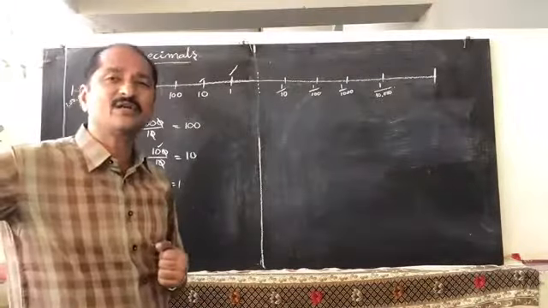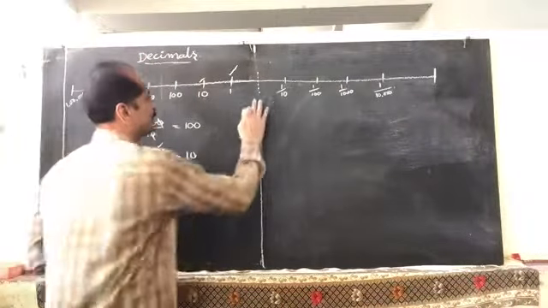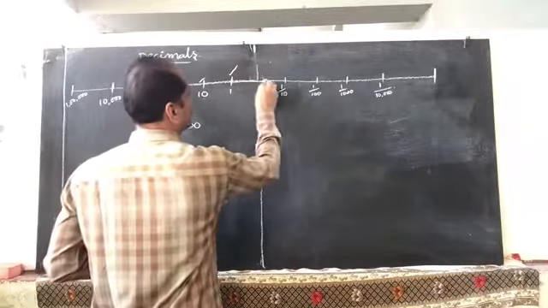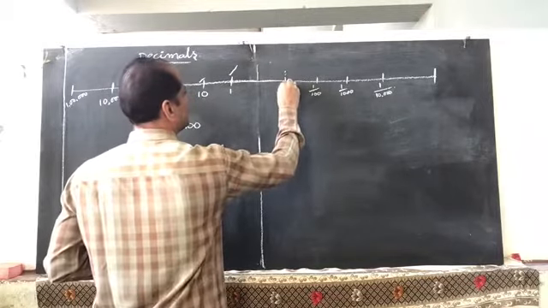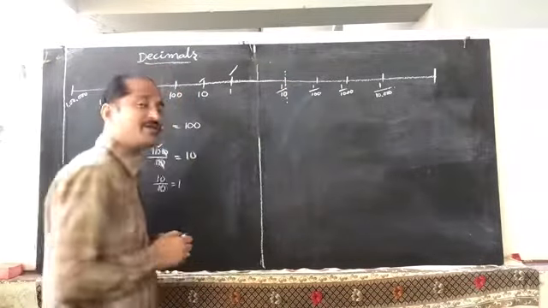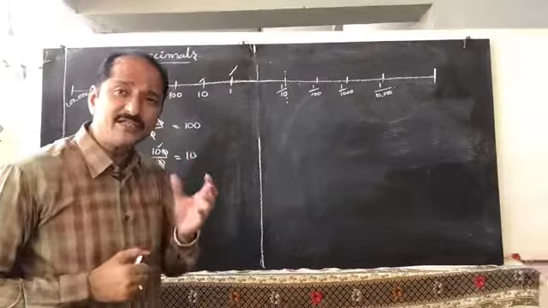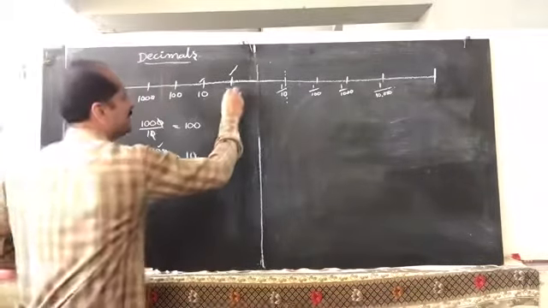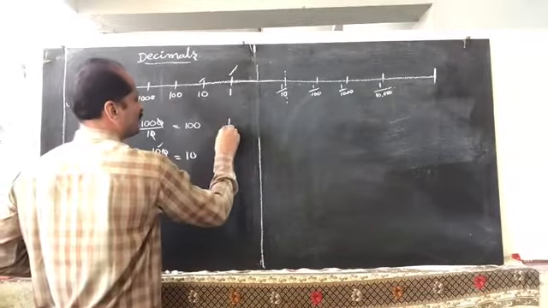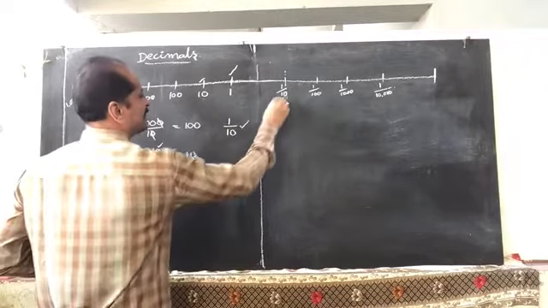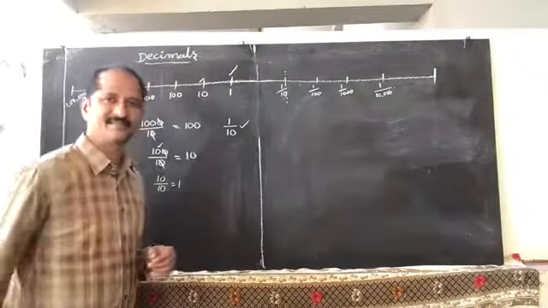What is the next lower than the 1's place? To get it, we divide 1 with 10, that is equal to 1 by 10. So this is the tenth place.